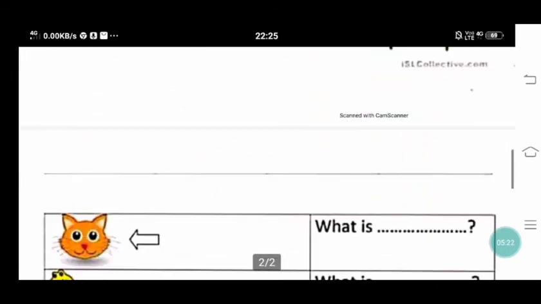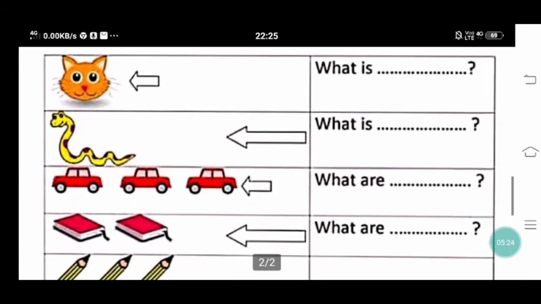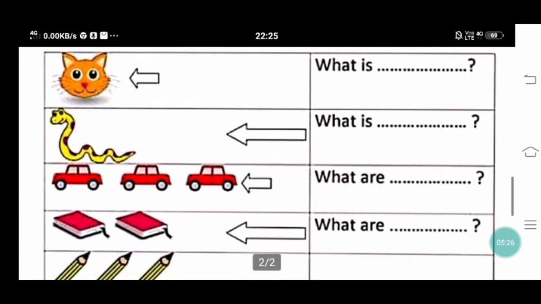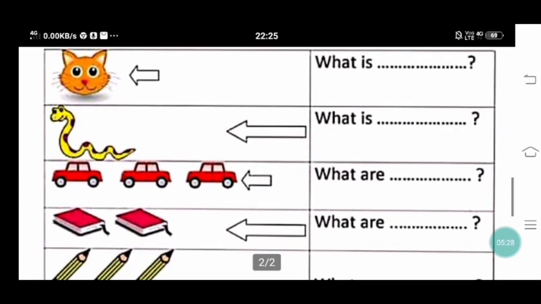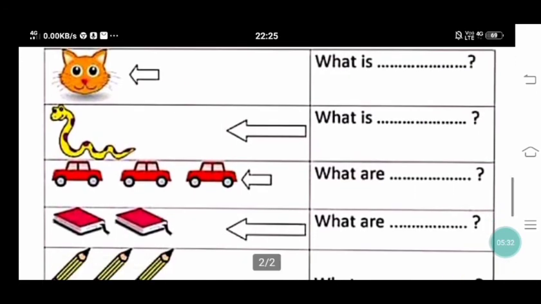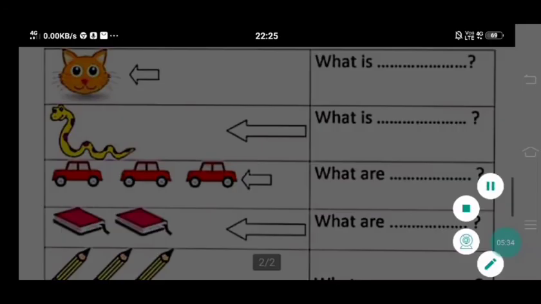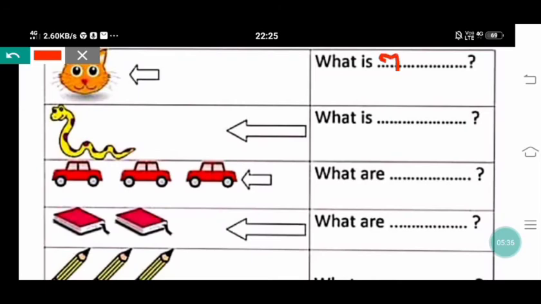Now, next worksheet. Okay. So once again, you will identify with arrow and write down this, that, these, those. Okay. What is this? Okay. What is that?